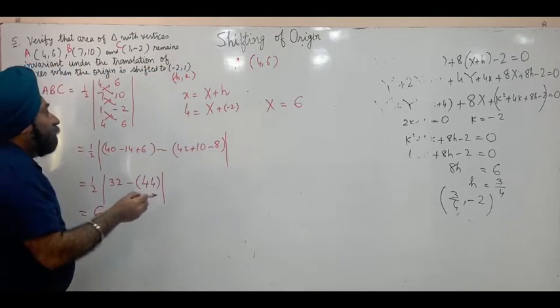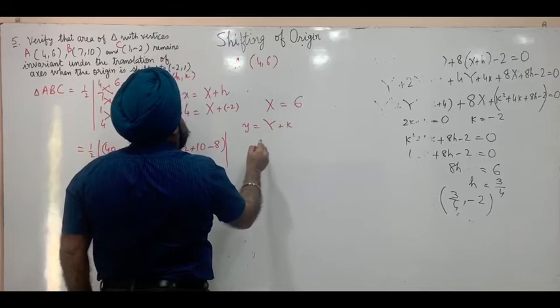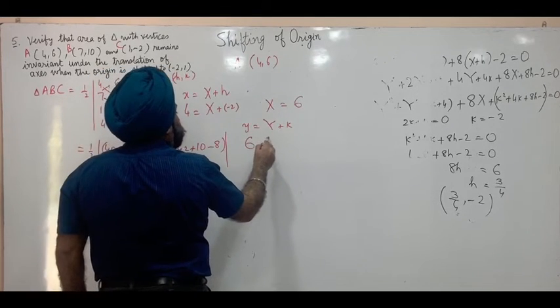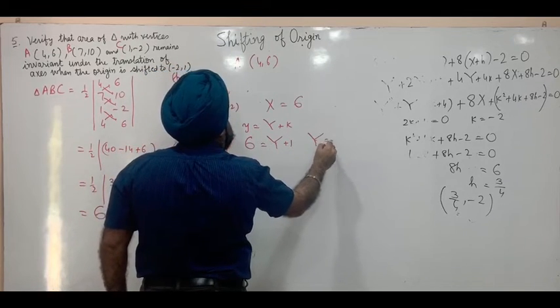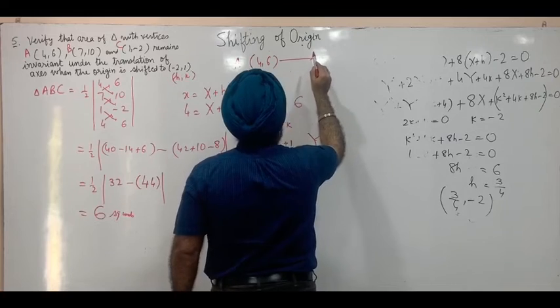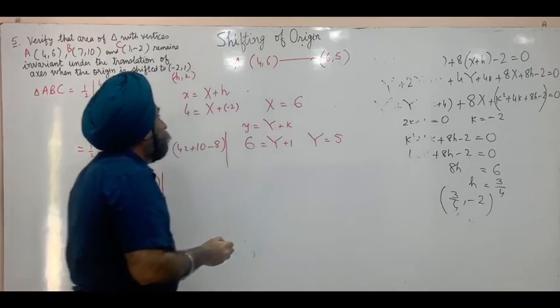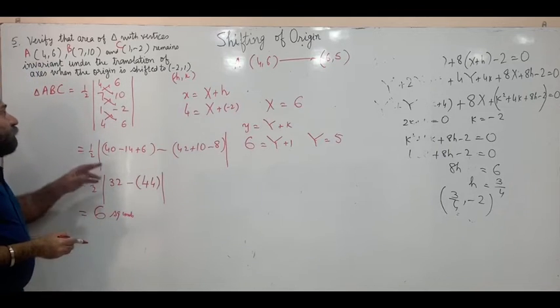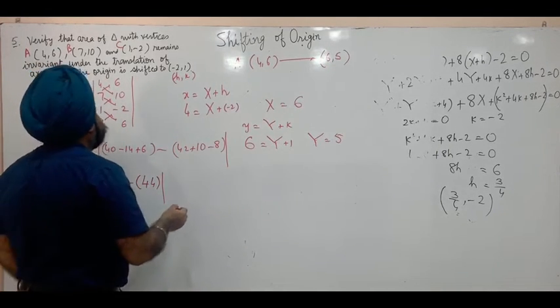Similarly, we can find the y coordinate using y equals Y plus k. 6 is capital Y plus k is 1. Capital Y is 5. So this changes to (6, 5). Coordinates of A with respect to the new origin are (6, 5).